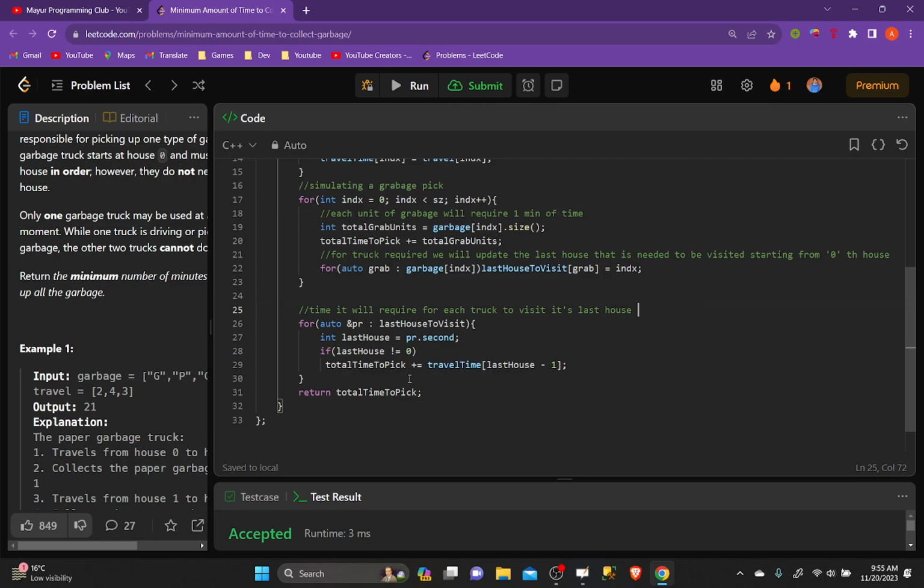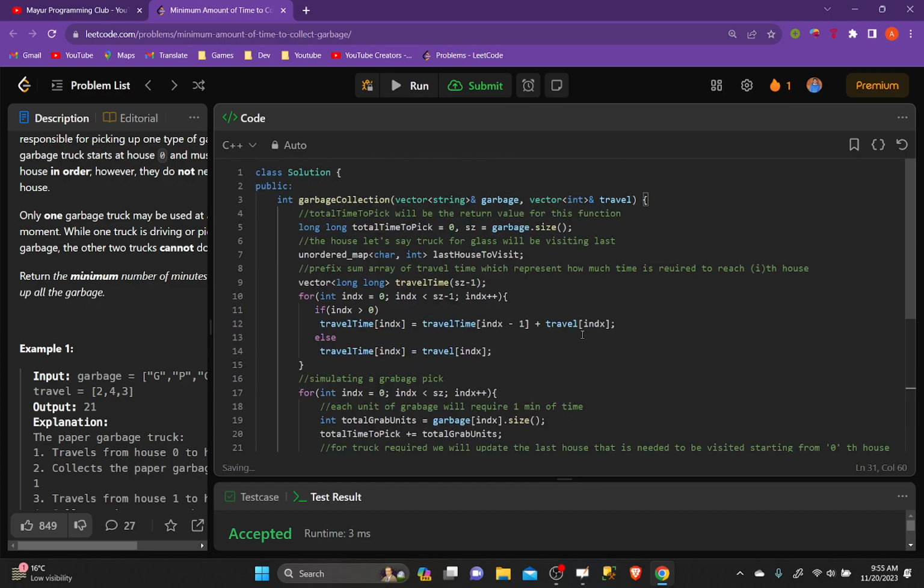And then you will simply return the total time to pick up garbage from all houses. So this is how we will be solving the problem.